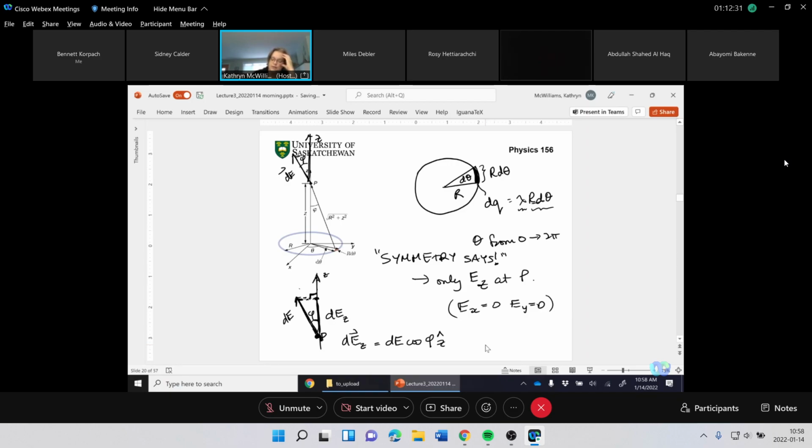So if we did the math here, this is dE cos phi, and this is dE sin phi. When you break this triangle down into its perpendicular components, knowing this angle here, this is what you get. Is that okay?